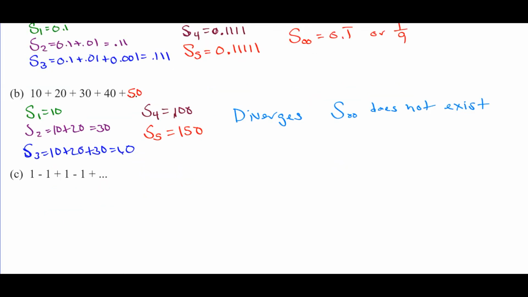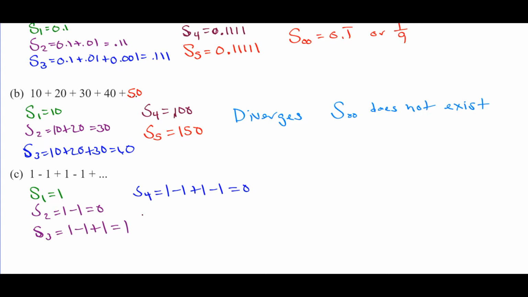All right, and then if we look at this last example here, my first partial sum would just be the 1. My second partial sum is going to be 1 minus 1, which is going to give me 0. My third partial sum is 1 minus 1 plus 1, which is going to give me 1. My fourth partial sum would be 1 minus 1 plus 1 minus 1, which is going to give me 0 again.